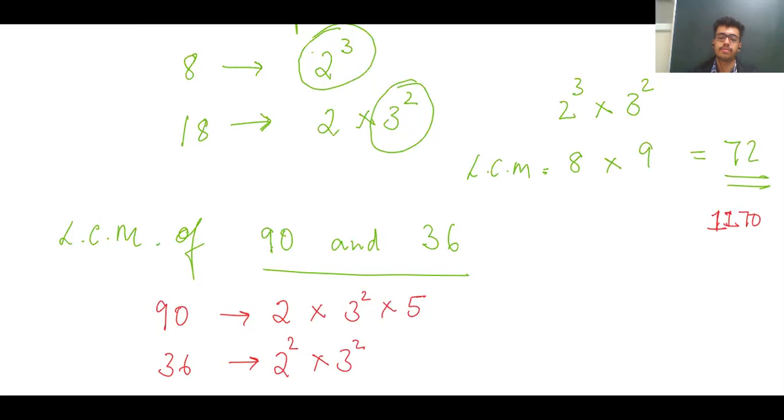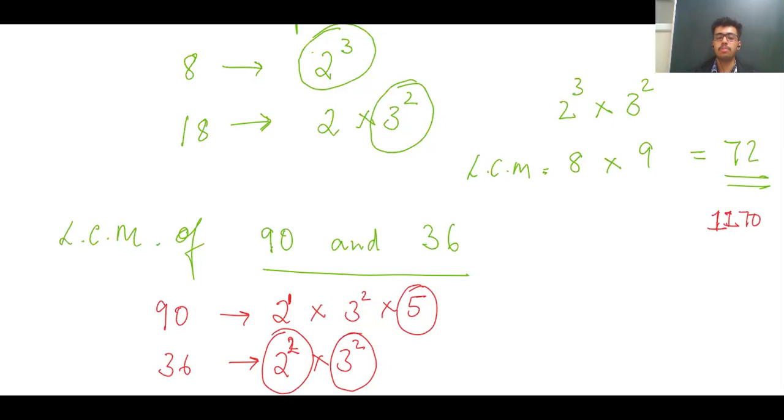Yes, sir. Yeah. So, which is the highest one over here? 2 square is the highest, right? This is just 2 to the power 1. Only 2 is there one time. But here 2 is there 2 times. So, 2 square is higher. Here which is higher? Both. So, any one is higher: 3 square. Here which is higher? Here nothing is there. So, 5 is highest.